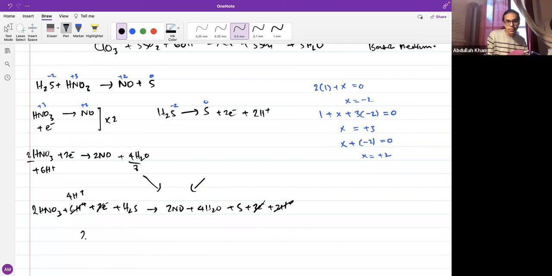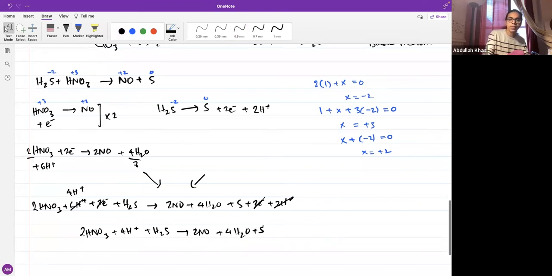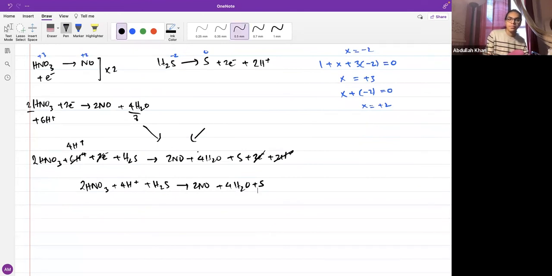And that's it. So 2 HNO3 plus 4 H plus H2S gives 2 NO, 4 H2O, and S. So this is done in acidic medium.